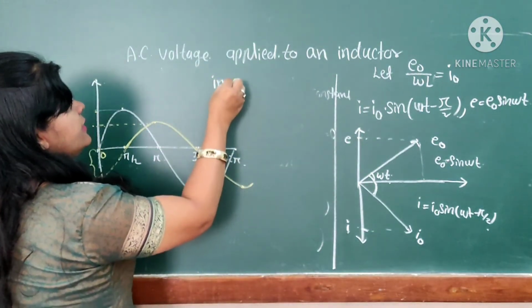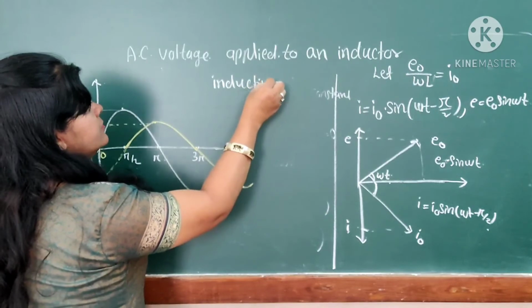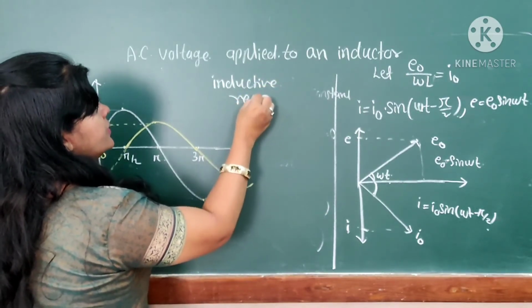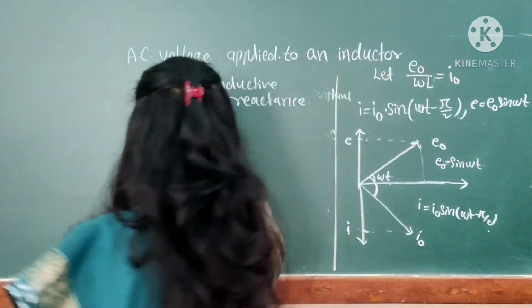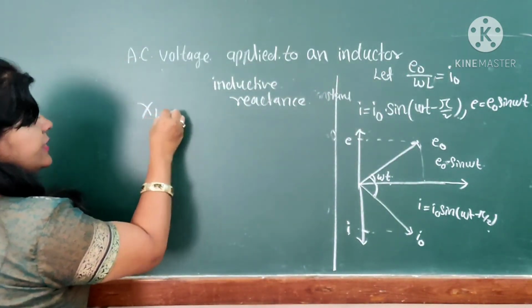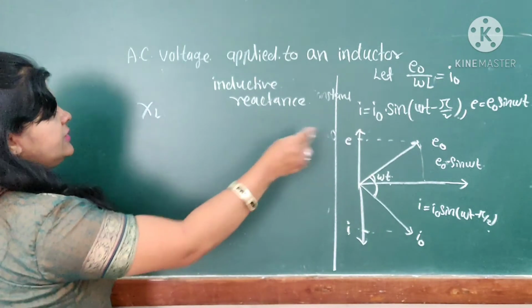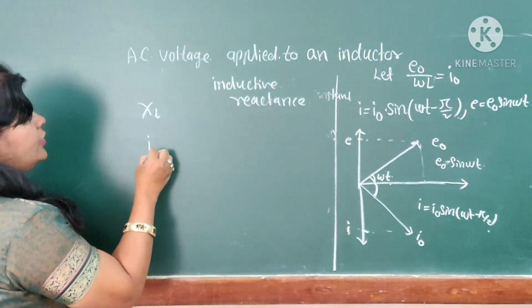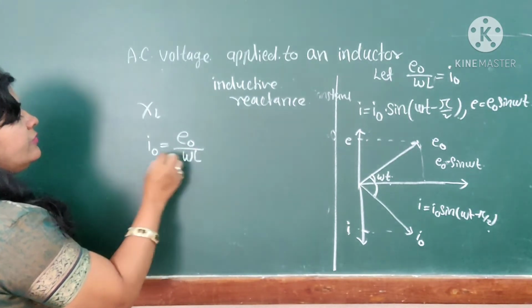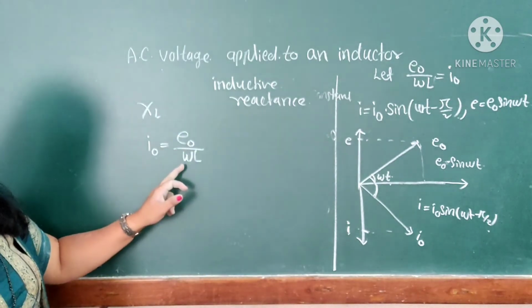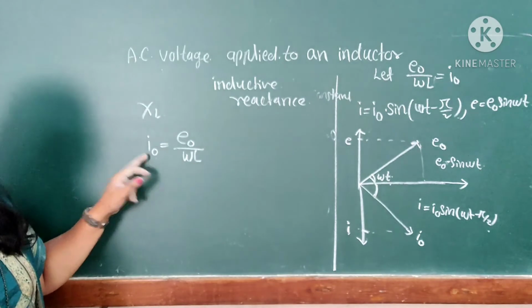Next concept we are learning is inductive reactance. Inductive reactance is denoted by XL. Already we got I naught is equal to E naught upon omega L. We consider E naught upon omega L as the I naught value.